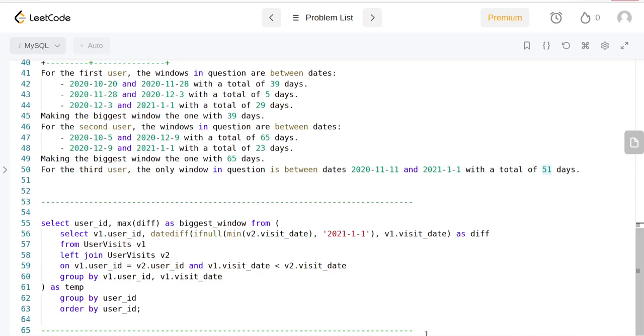How we're going to do it: this time we're going to have an inner selection.